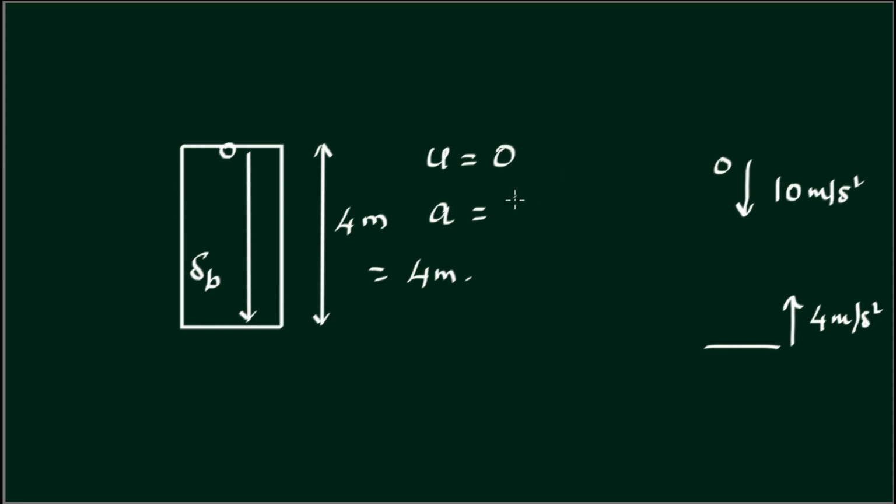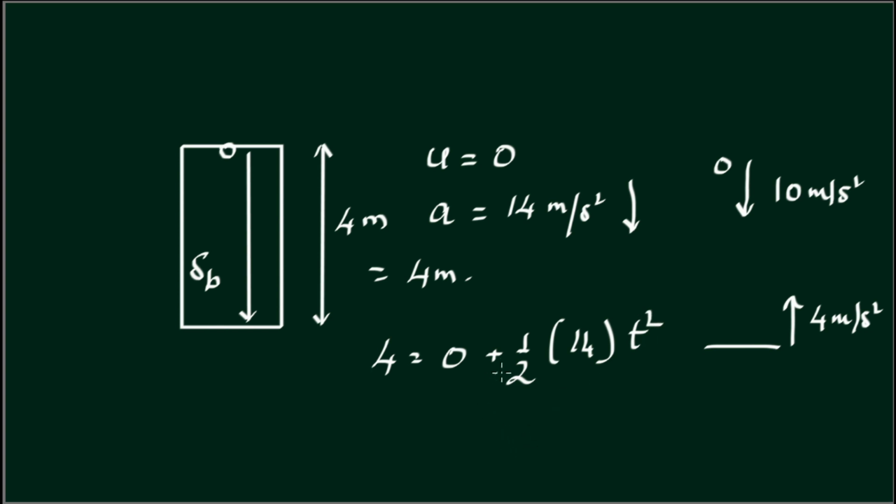So the bulb is accelerating down at 14 meters per second squared downwards in the elevator frame. Straight away, taking down as positive, S is equal to ut plus half a t squared is equal to 7t squared. So straight away you get t is equal to square root of 4 by 7 seconds.